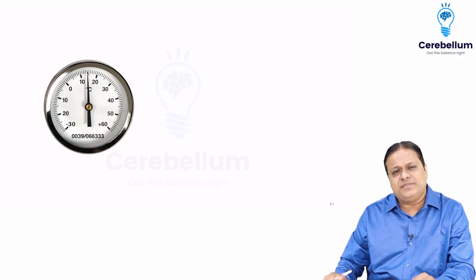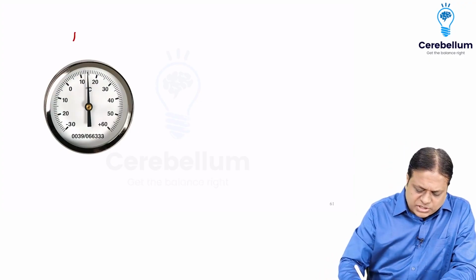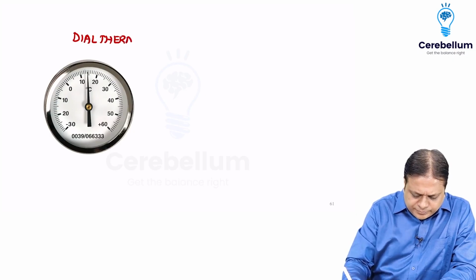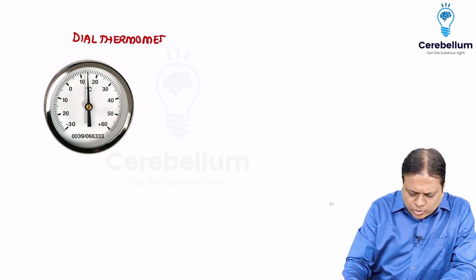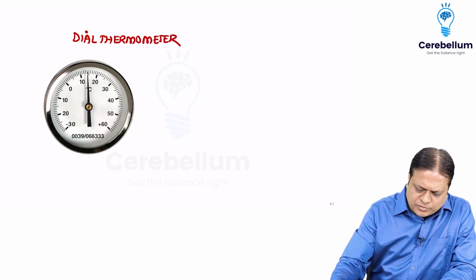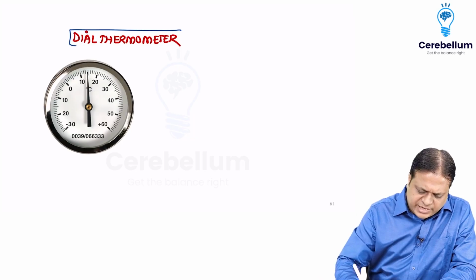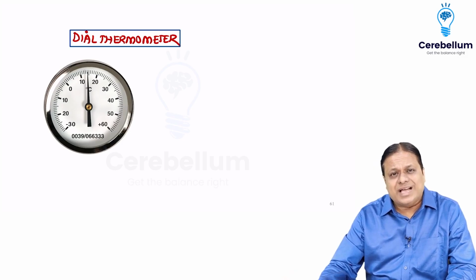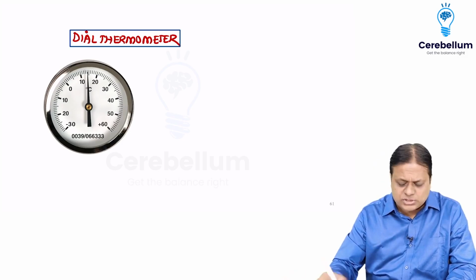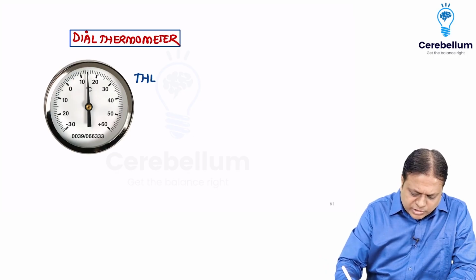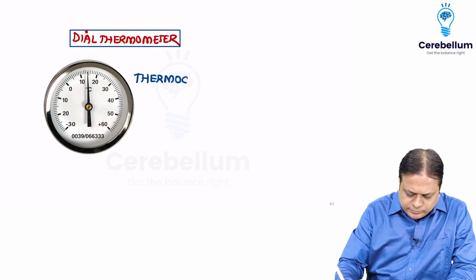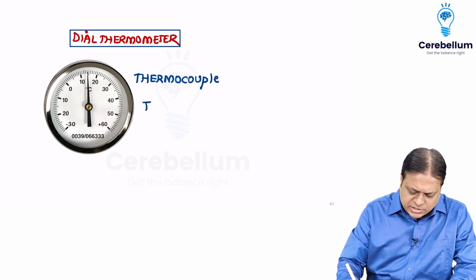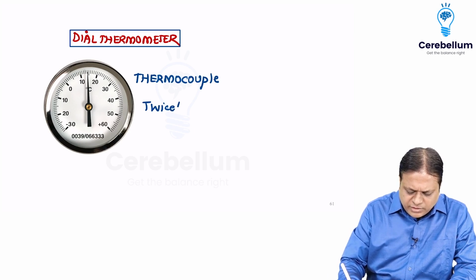Now, ice-lined refrigerator, you have to monitor temperature also. We use dial thermometer to monitor temperature of cold chain in a ice-lined refrigerator at a primary health center in our country. This dial thermometer is based on the principle of thermocouple, and the frequency of temperature monitoring is twice a day, morning, evening.